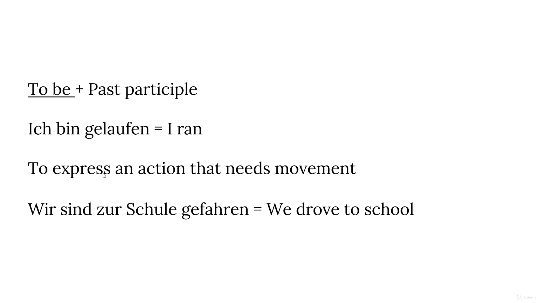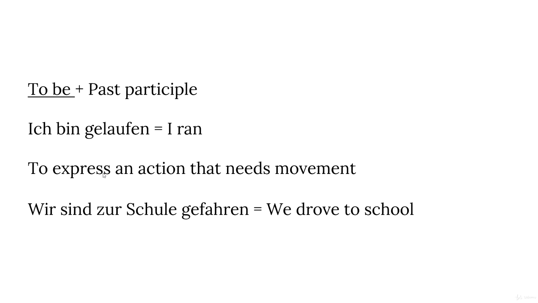The verb to be is again the verb that should be changed based on the pronoun. And the second part, or the new form of the verb, is unchangeable. However, you add ge at the beginning. And yes, those should also be learned by heart.